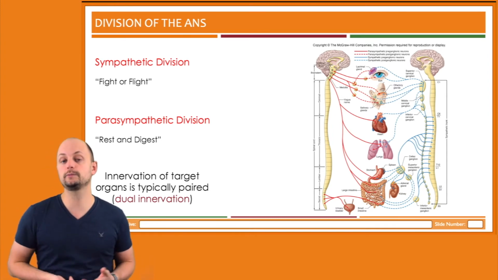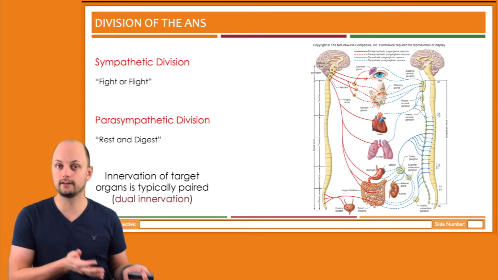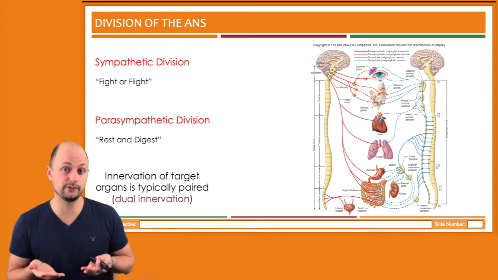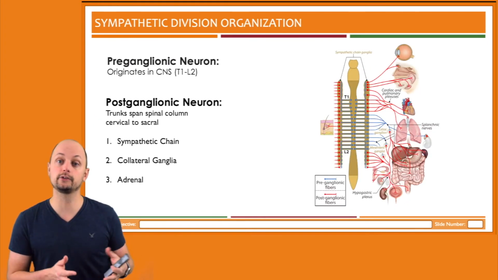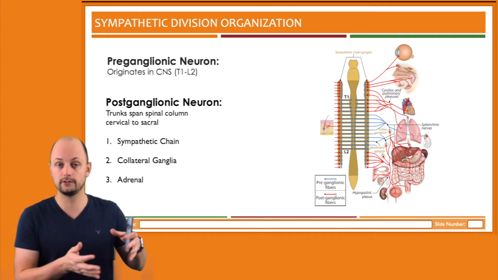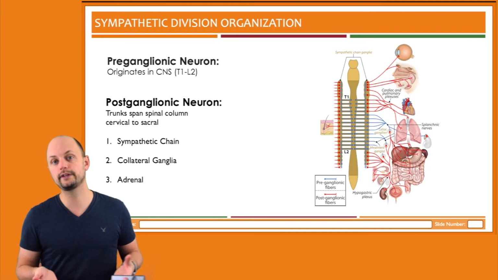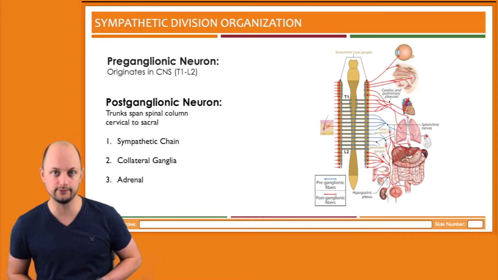Now, the differences between the sympathetic and the parasympathetic nervous system, we can think about anatomically and physiologically. I'm going to talk about the anatomical differences first, and those differences are going to be either preganglionic differences, associated with the preganglionic neuron, or postganglionic differences, so thinking more about the postganglionic side of things.